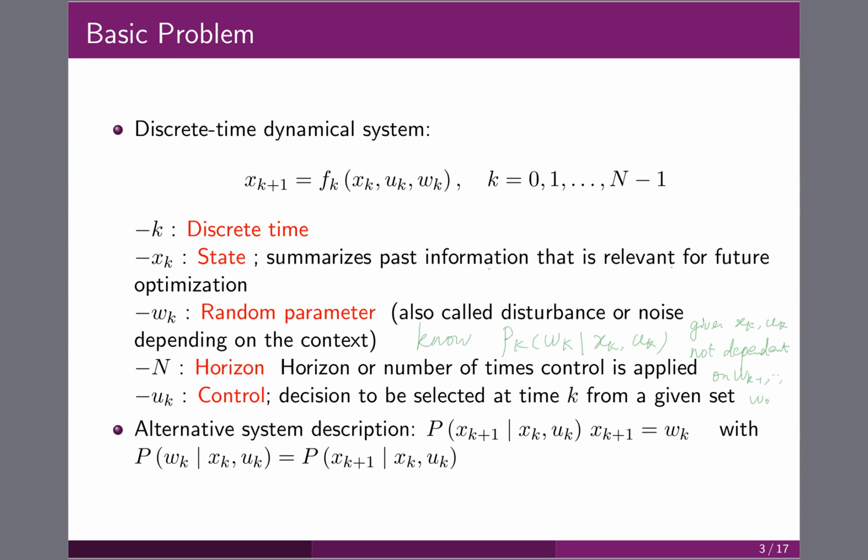Given that, and given u_k, the distribution of w_k is known. This is our assumption. With this assumption, we can apply the dynamic programming principle to decompose a large scale DP problem into solving a series of small size subproblems.